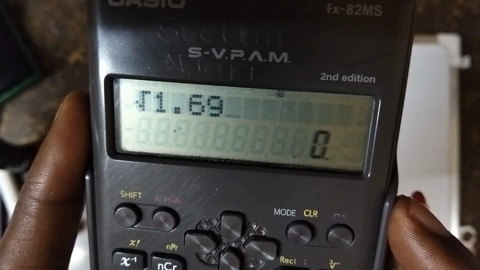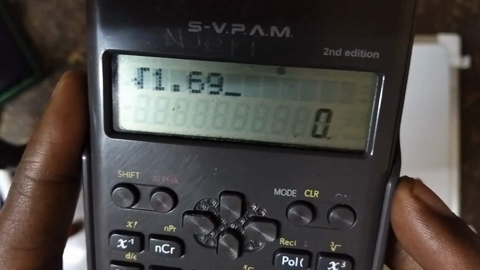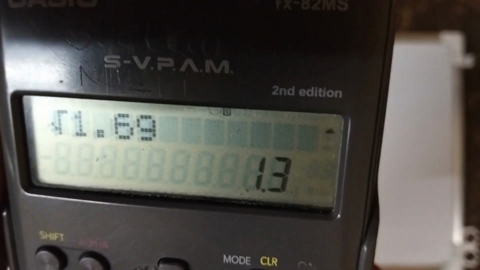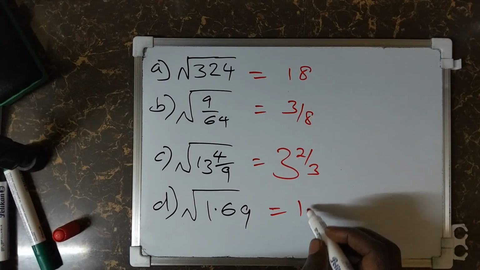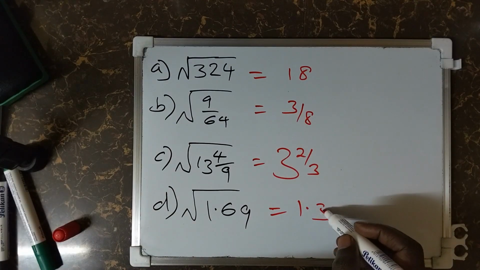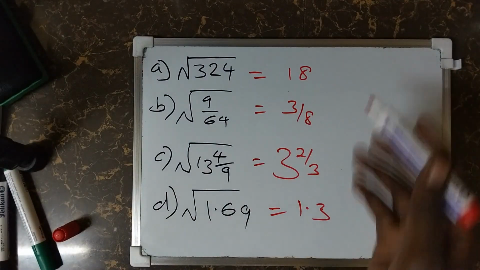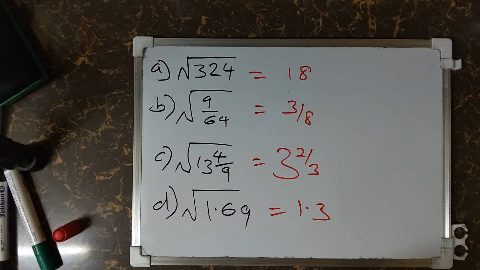Let's press the equal sign to find the answer, and our answer is 1.3. So the square root of 1.69 is 1.3. We are done. You can confirm these answers, but that's how we find the square roots of numbers using your FX-82 calculator.